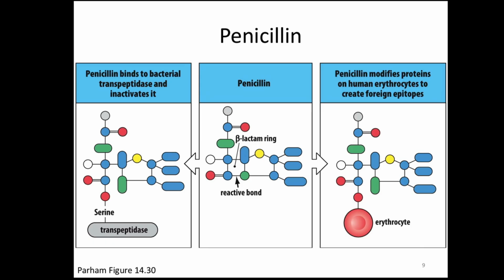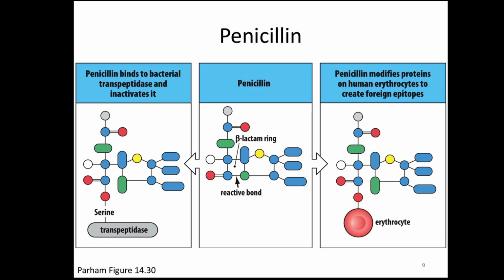When penicillin is around the appropriate bacteria, this reactive bond interacts with a bacterial protein and makes it so that that bacterial protein no longer works. So yes, this is the transpeptidase that's involved in peptidoglycan cross-link bridge formation. We don't care about that right now. We just know that normally penicillin has this reactive bond, it reacts with bacterial protein, and that stops the bacterial protein from working.